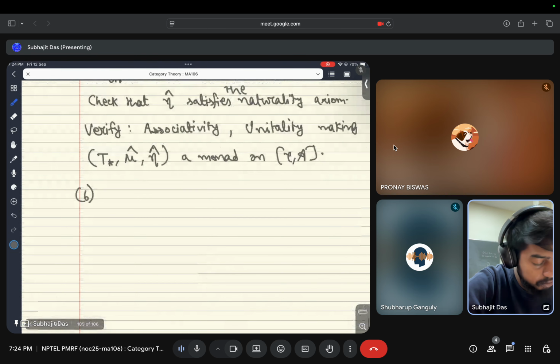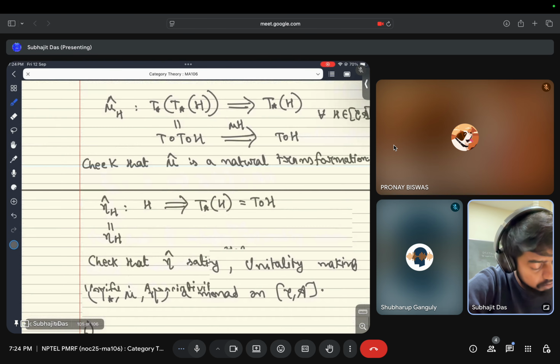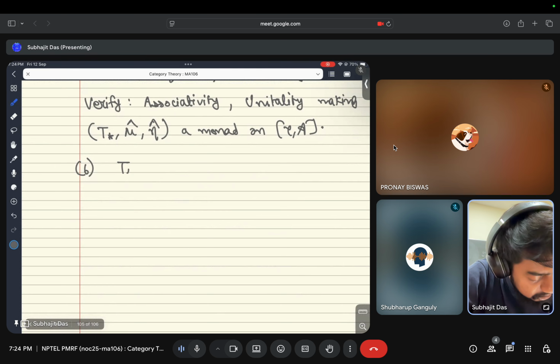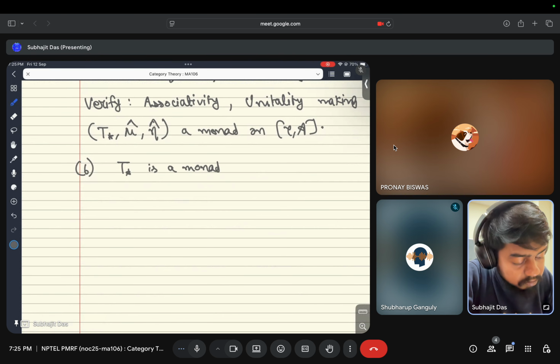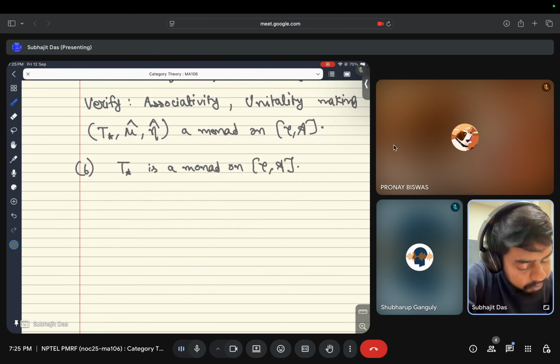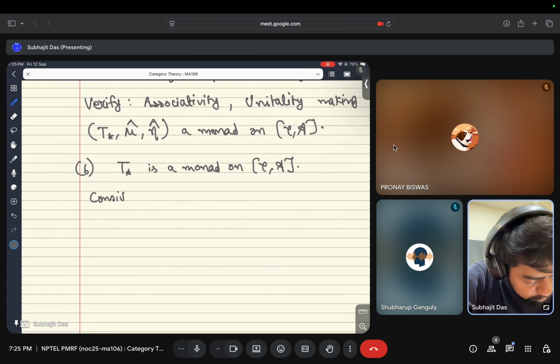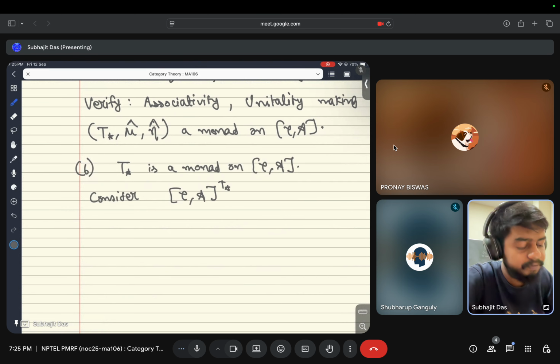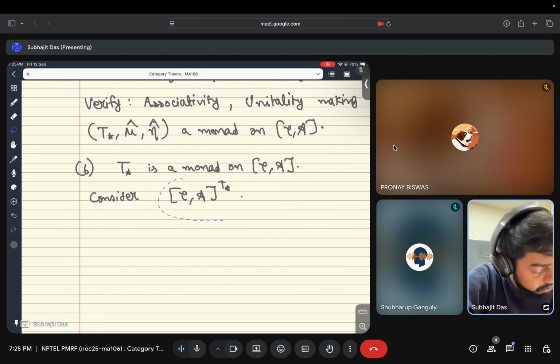Okay, so T star, recall, is a monad on C A. Exactly. So we can consider T star, consider the Eilenberg-Moore category C A power T star. We also have one, so let's keep it here.